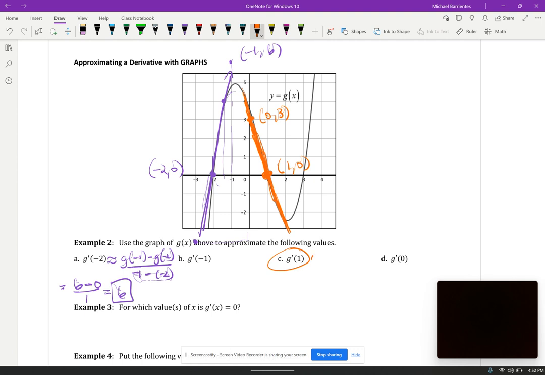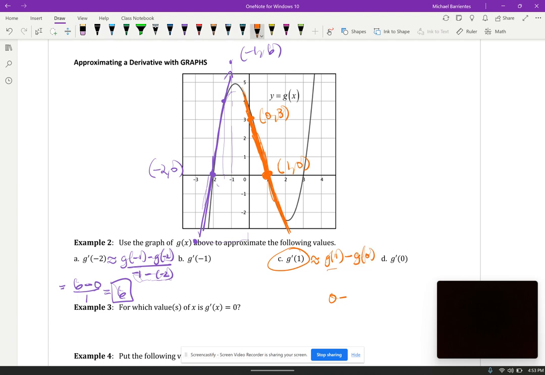So we're going to say this is approximately (g(1) - g(0)) / (1 - 0). Okay, g(1) is 0 minus g(0).